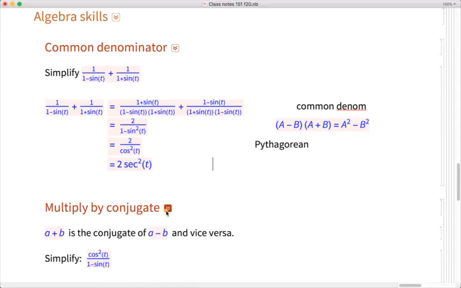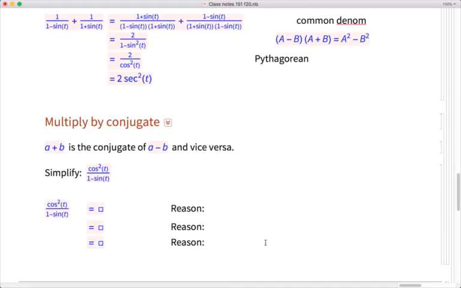Okay, try one more. So another algebra skill that maybe needs a little rust remover on it is trying to simplify something by multiplying by a conjugate. Now, a lot of times this happens when we're working with square roots, but here we don't have a square root. But in any case, a plus b and a minus b, these are called conjugates.